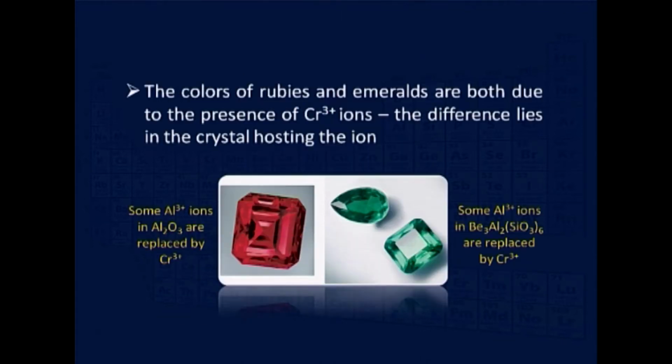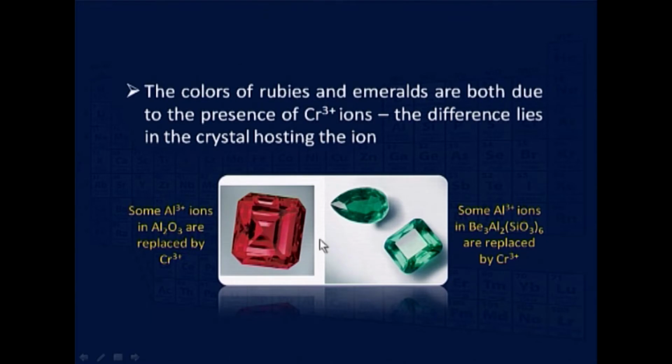Now, as I was saying, the color of these gemstones is due to the presence of the transition metal ion in them. In particular, in ruby, aluminum plus 3 in the structure is replaced by chromium ion to give the red color.